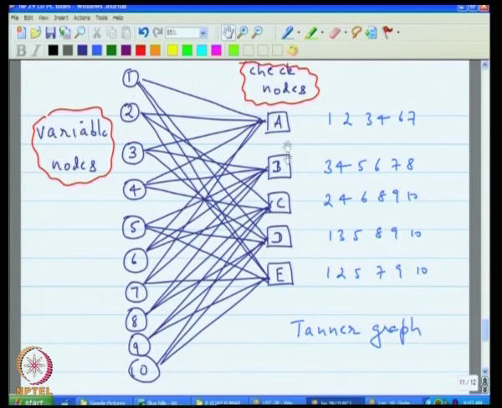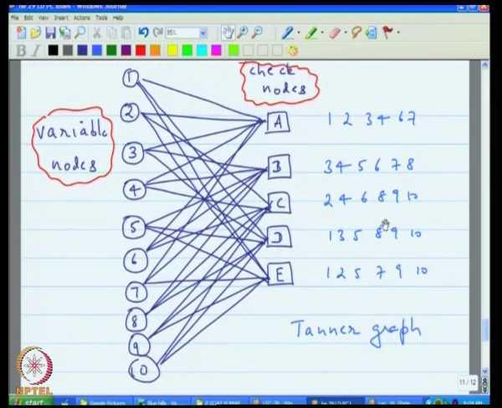So, there are 10 columns and 5 rows. It is saying that in row A, there are ones in columns corresponding to 1, 2, 3, 4, 6, 7, and that is indicated by the lines joining 1, 2, 3, 4, 6 and 7. So, you will notice here that every row, every check node, is connected to 6 variable nodes. And on the other hand, every variable node is connected to exactly 3 check nodes.